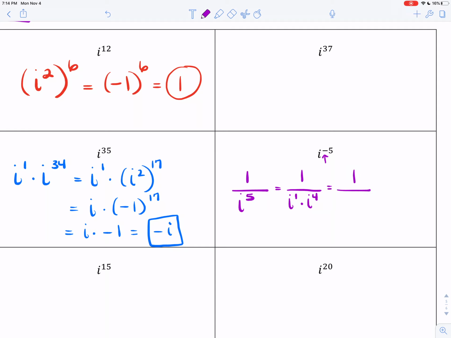All right, i to the 1st power is just i, and then if I want to write this in terms of i squared, 2 times 2 would give me that exponent of 4. I'm going to keep that i out in front. This is going to be negative 1 squared, because i squared is negative 1. And so finally, this will simplify to 1 over i times positive 1, which is just 1 over i.